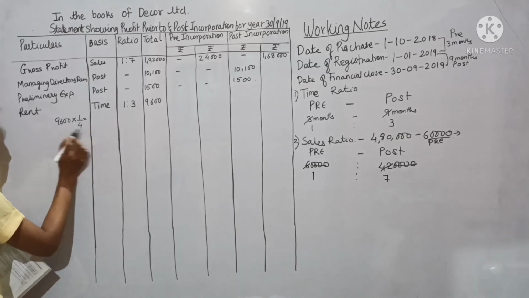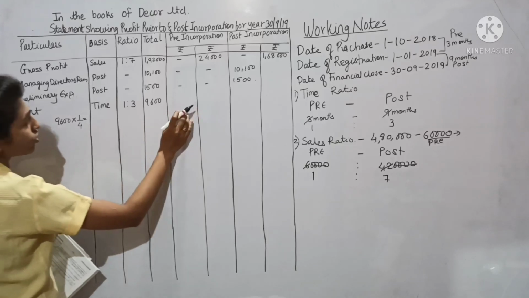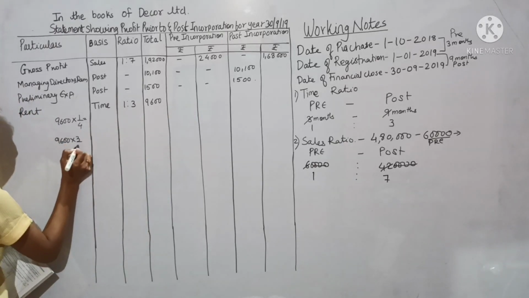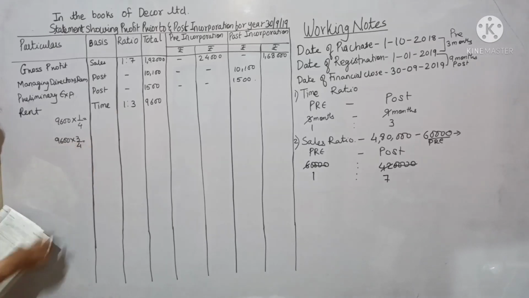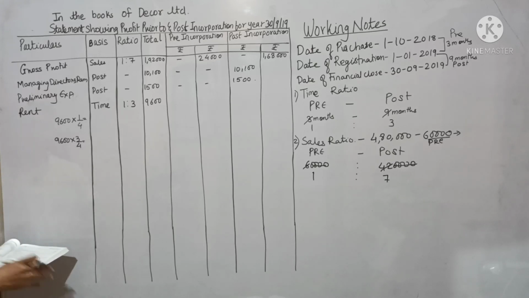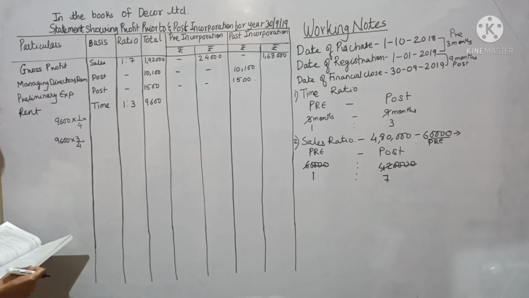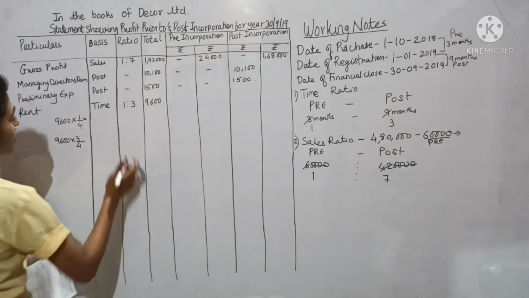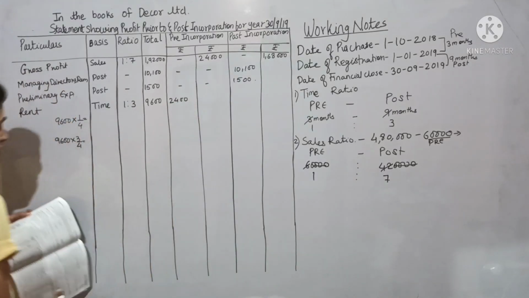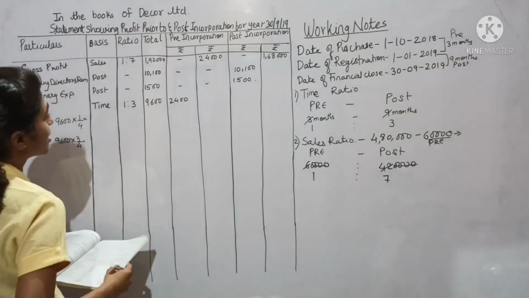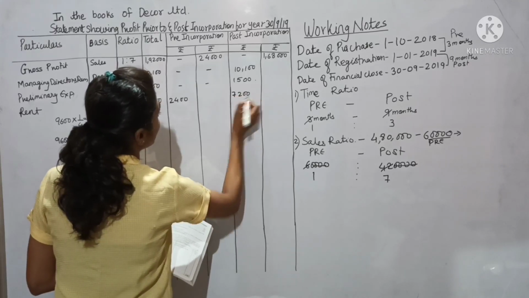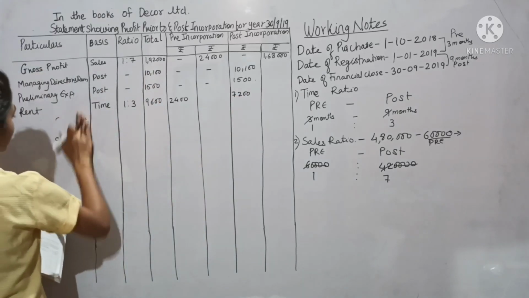Whatever answer you get for 1, you allocate in pre, and whatever answer you get for post, you write in the post entry. So rent 9,600 multiply by 1 divided by 4, you get 2,400 for pre-incorporation and 7,200 for post-incorporation.